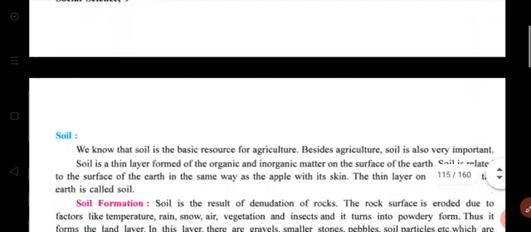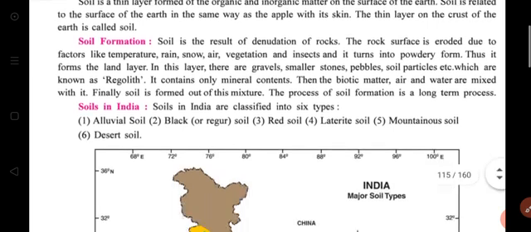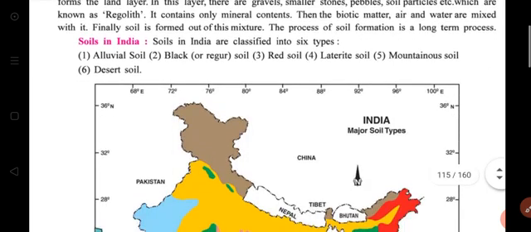Okay, good. Then soil. We know that soil is a basic resource for agriculture, and besides agriculture it is very important. The thin layer of organic and inorganic matter on the surface of the earth is soil. Then soil formation. Then the six types of soil: alluvial, black, red, laterite, mountainous, and desert.